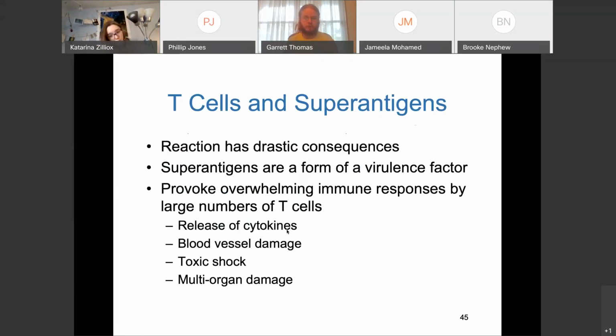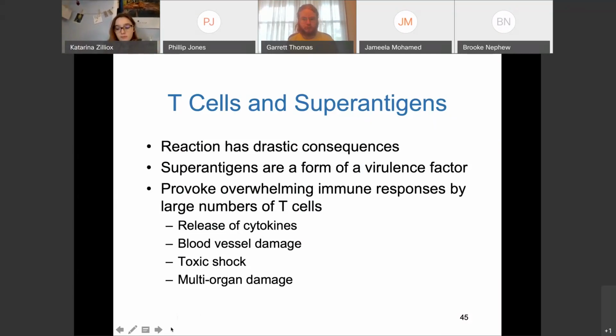Causes blood vessel damage, toxic shock and multi-organ damage. It'll cause your blood to clot inside your vessels. So everything distal of that doesn't get blood supply, causing multi-organ shutdown.